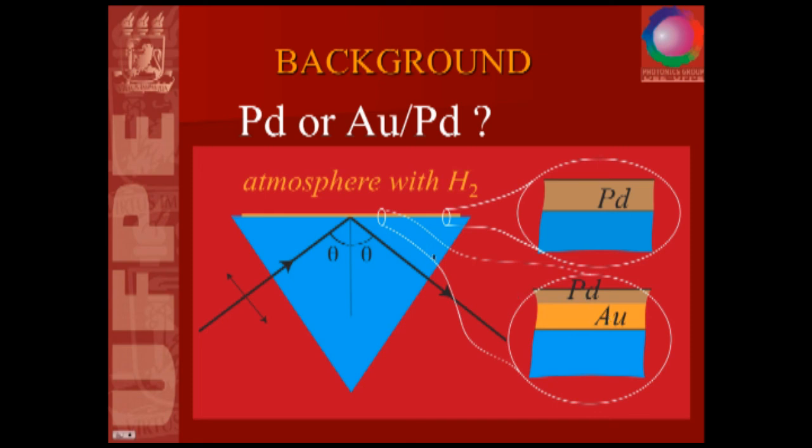We thought that this structure could improve sensitivity because gold has a very sharp resonance throughout the visible and infrared. Palladium has a very broad resonance. It doesn't even look like a resonance, in fact, just absorption, as we can see in the next view graph. So the question is, what's the best solution here?